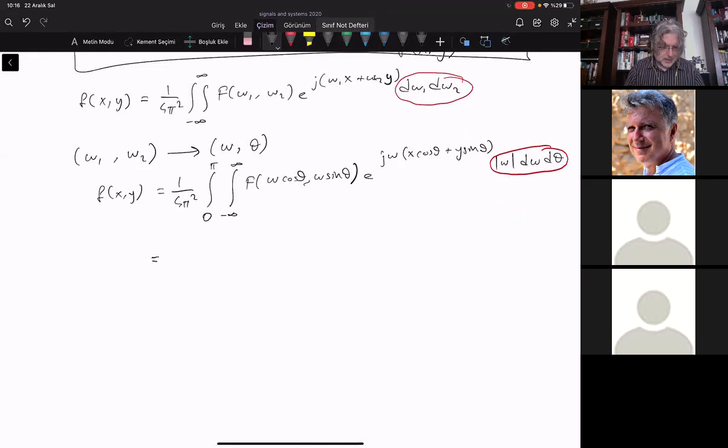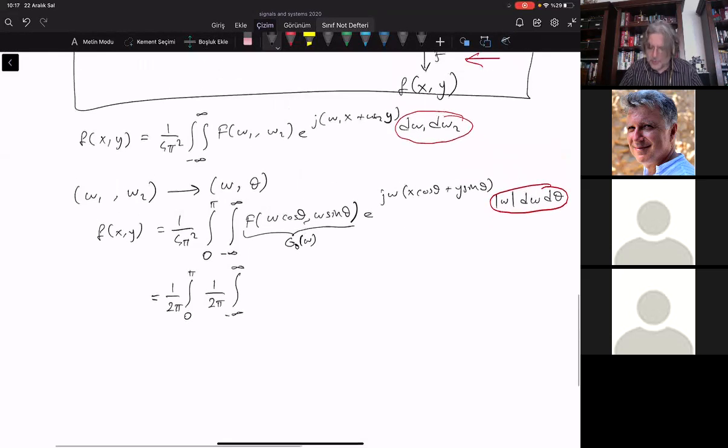I will write it like 1 over 2 pi. I'm splitting 1 over 4 pi squared into two components. This first part is from 0 to pi. And then I will put another 1 over 2 pi, and the second integration from minus infinity to infinity. And inside it, what am I going to write? First of all, this thing here is equal to g theta of omega. Okay, I'm going to write it that way.